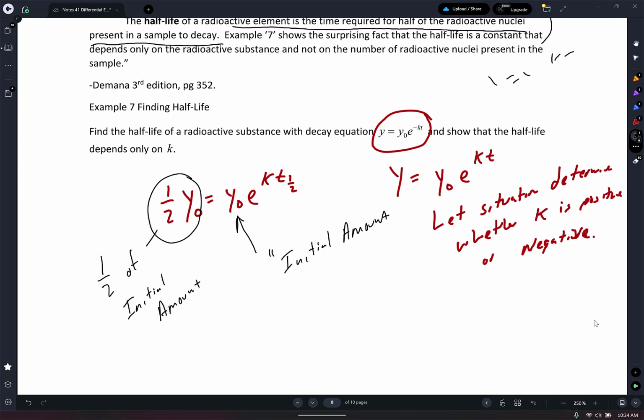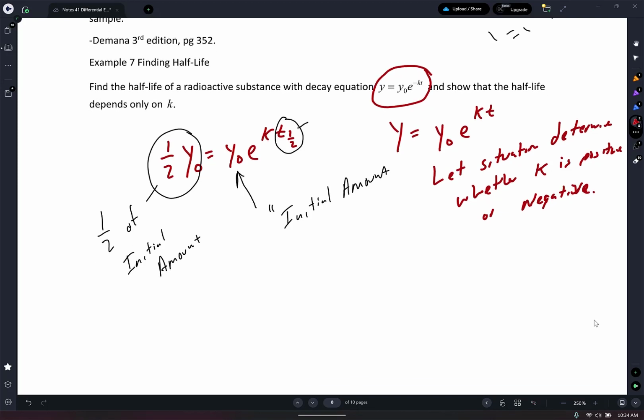Good question. Because this time that I'm going to solve for is my half-life. Because I put a half here, whatever value I get for t subscript 1/2 is my half-life. That's how long it takes for half of this amount to decay. Oh, because you're looking for time. Correct. I'm solving for my half-life time. Does that make sense?